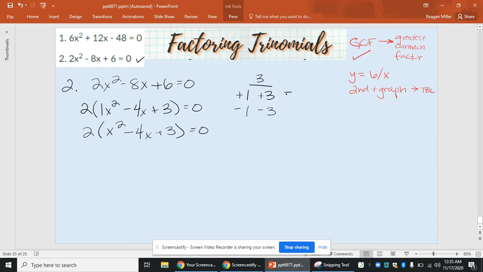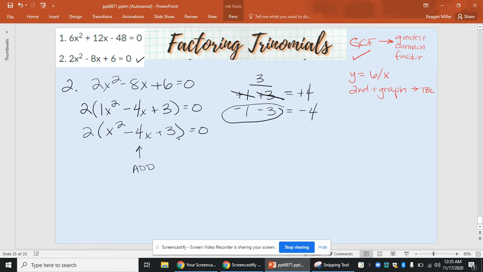But when we add them, what do we need? We need to add to get -4. Well, +1 plus +3 gives us +4. That's not what we want. We want -4, so it's not those. -1 plus -3 equals -4. These are the factors that we want.